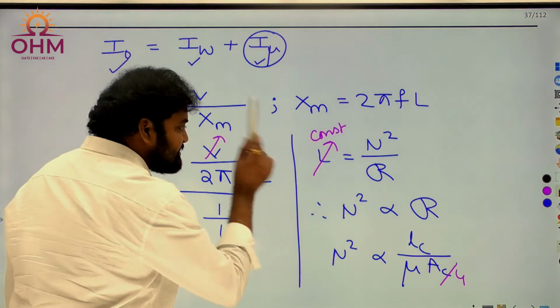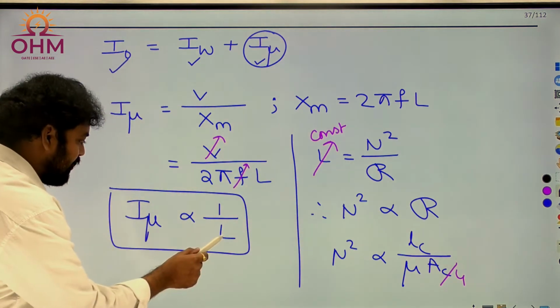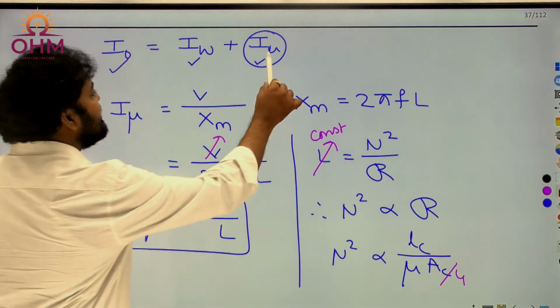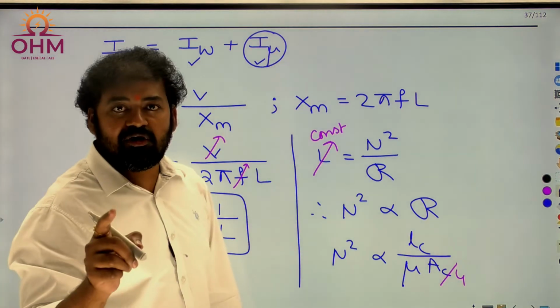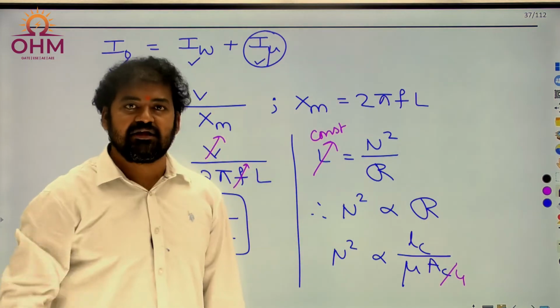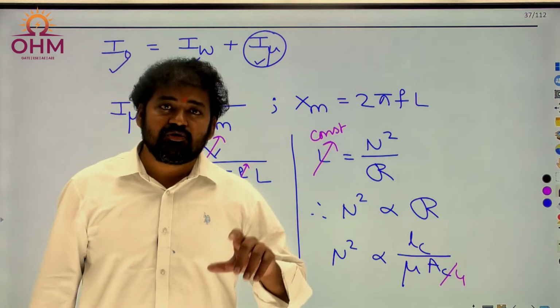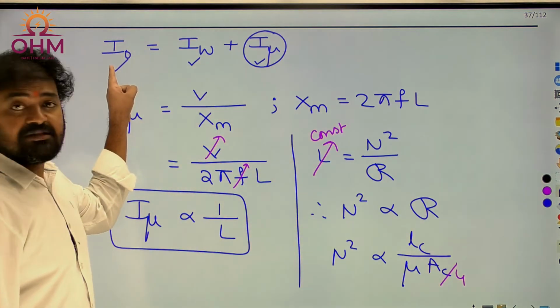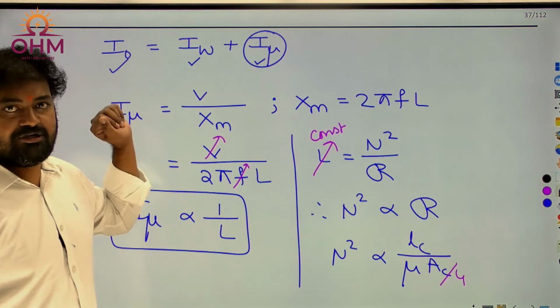That means L is a constant value. If L is a constant value, I mu is also going to be constant. So I mu will be constant if number of turns are doubled in this particular case. But our aim is to maintain only I mu constant or I naught constant. Yes, the aim is to maintain I naught constant.